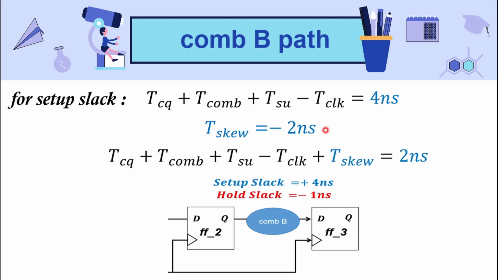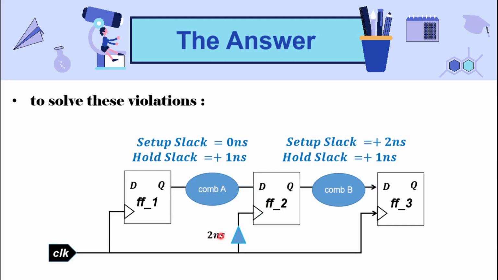You can see that this negative skew will be added before the launch flop. I use this buffer as the skew with delay 2 nanoseconds. As you can see, this buffer acts as positive skew for the first path, which is on the way of the capture flop, and acts as negative skew for the second path, which is on the way of the launch flop.